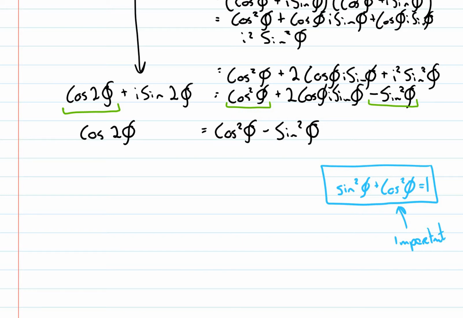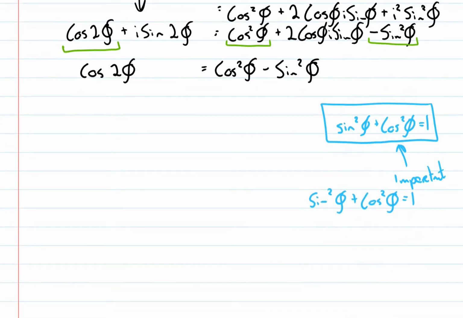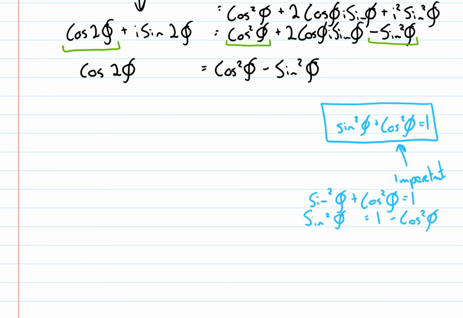For example, I want to see what minus sine squared theta is. So I'm going to get everything to one side except the sine. So watch. Using this here, sine squared theta plus cos squared theta equals 1. I can then say sine squared theta equals 1 minus cos squared theta.